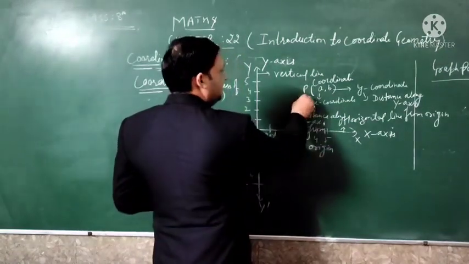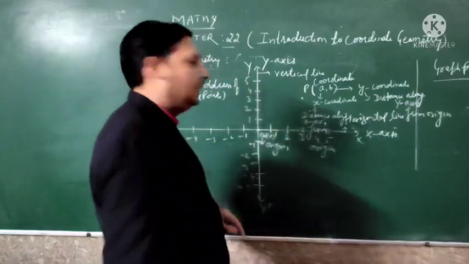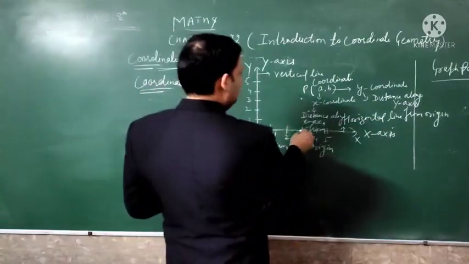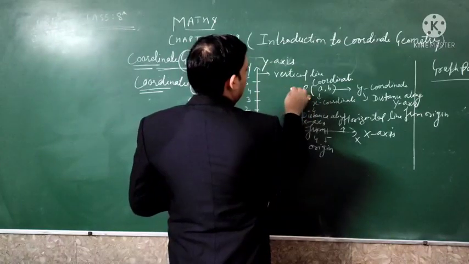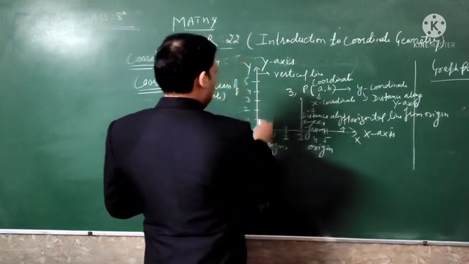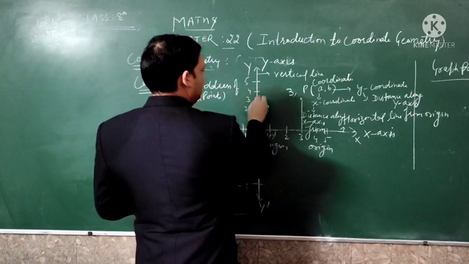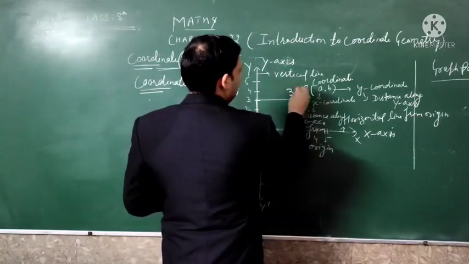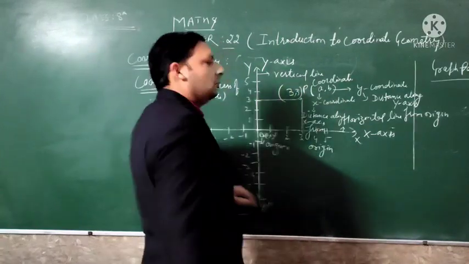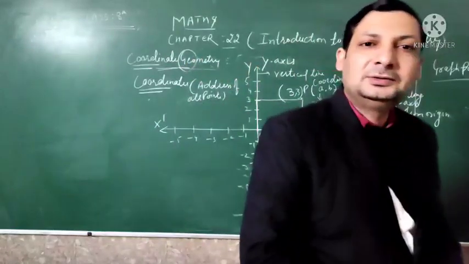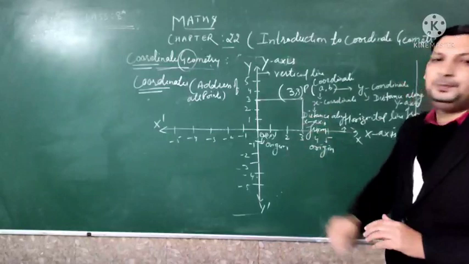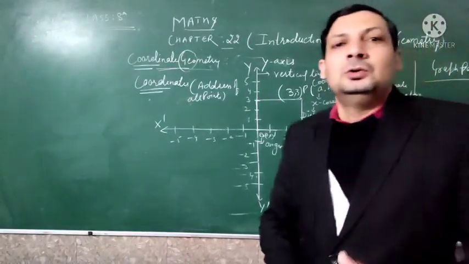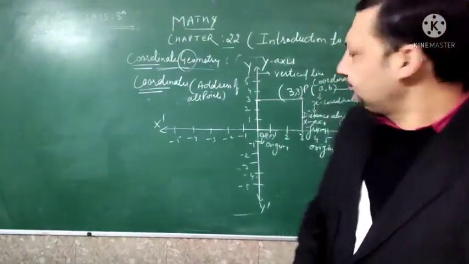For the location of point P, I have given the name coordinate A, B. But in reality, according to the graph, this will be 3. Coordinate of P will be 3, and distance along y-axis from the origin, that is also 3. The coordinate of point P is (3, 3). It means it's the location of point P on the Cartesian system.